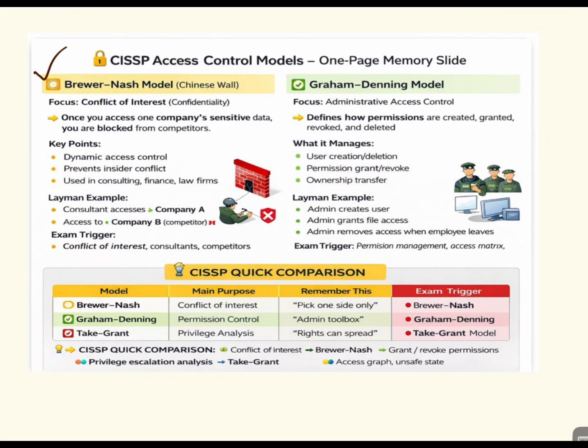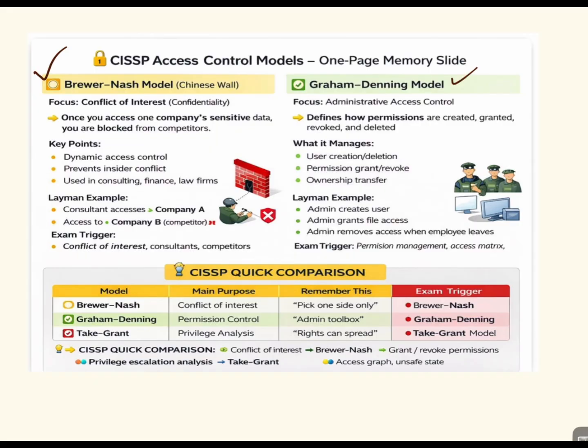So when you pick client A and client A competes with client B, you will not have access to client B. That is the Brewer-Nash model, and now we need to discuss the second one, the Graham-Denning model.